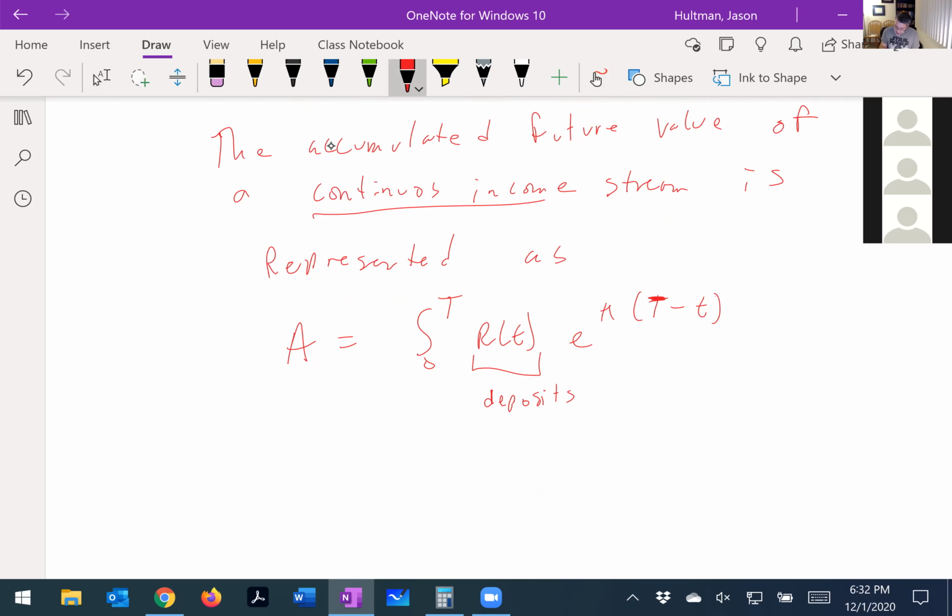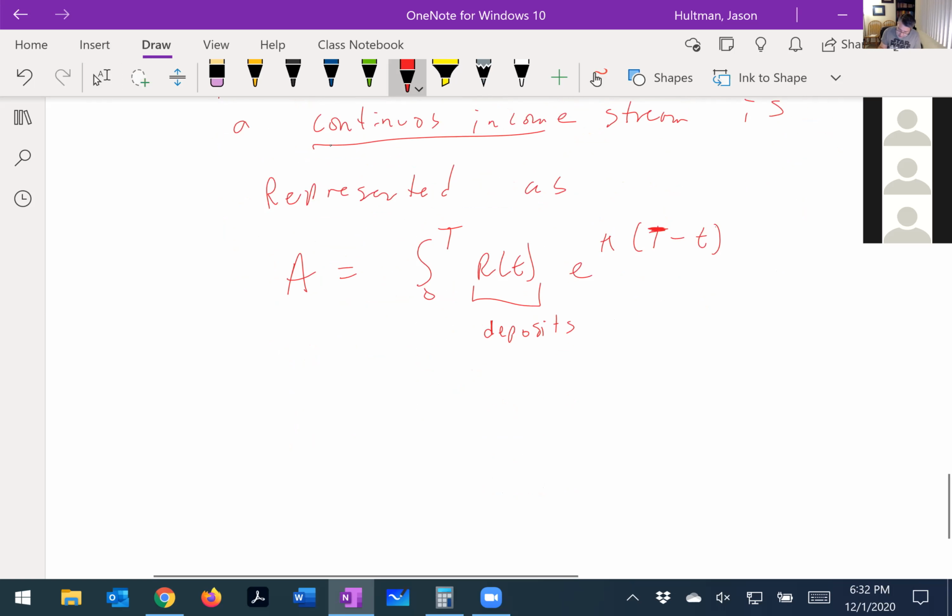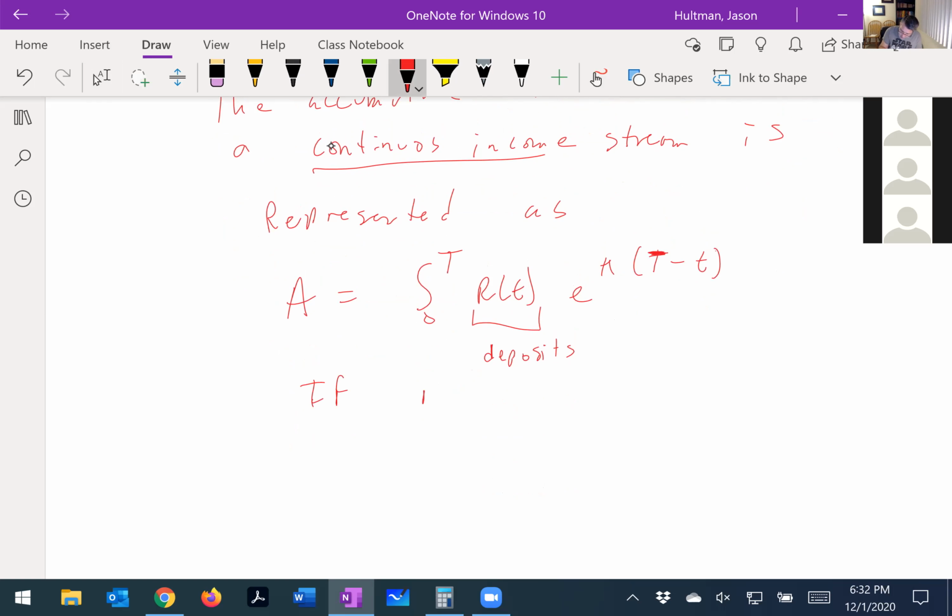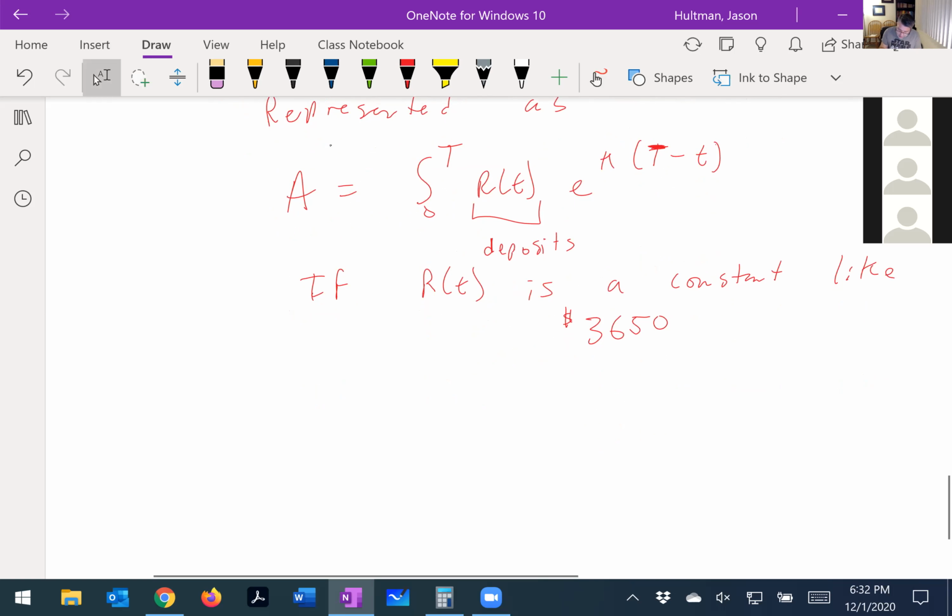So if we were to integrate this thing, we would actually see that if R of t is a constant, like $3,650, then A defaults to R of t over K, or we just call it R in that case.